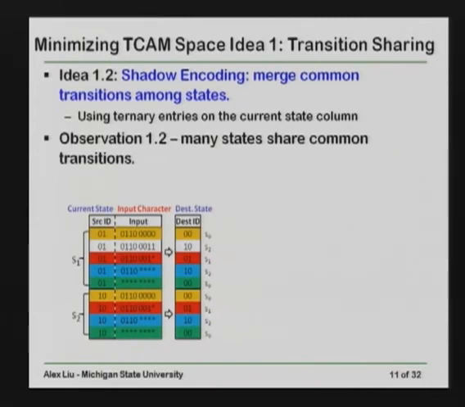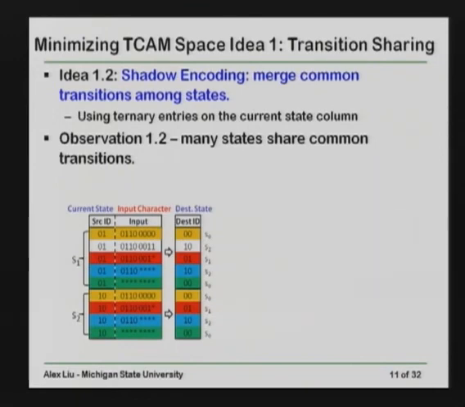These 2 blue is the same thing. These 2 green also only differ in the source state ID column. So the basic intuition is: is it possible that we can remove these 4 entries from state S1, such that we can let S2 take care of those rules?